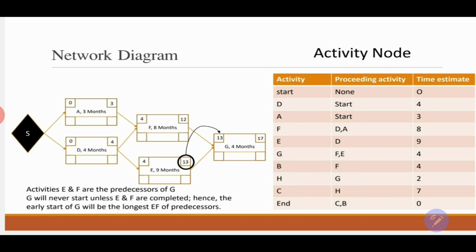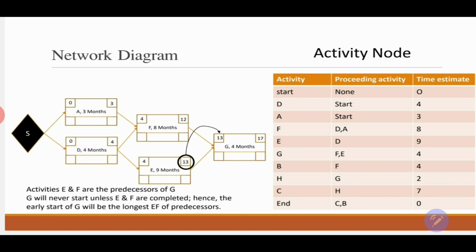Here, activities F and E are the predecessors of G. F has an early finish of 12, and activity E has an early finish of 13, and definitely 13 is greater than 12. So the early finish of activity E will be the early start of activity G. Why?